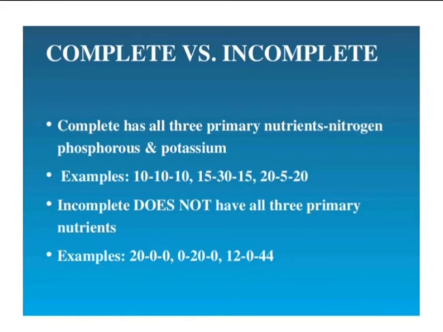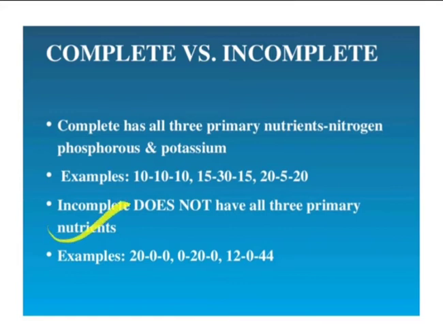So, see, the complete fertilizer includes all the three types of macronutrients NPK. For example, some fertilizers contain 10-10-10, that means 10% nitrogen, 10% phosphorus and 10% potash. In the same way, another fertilizer is written here. This is an example of a complete fertilizer.